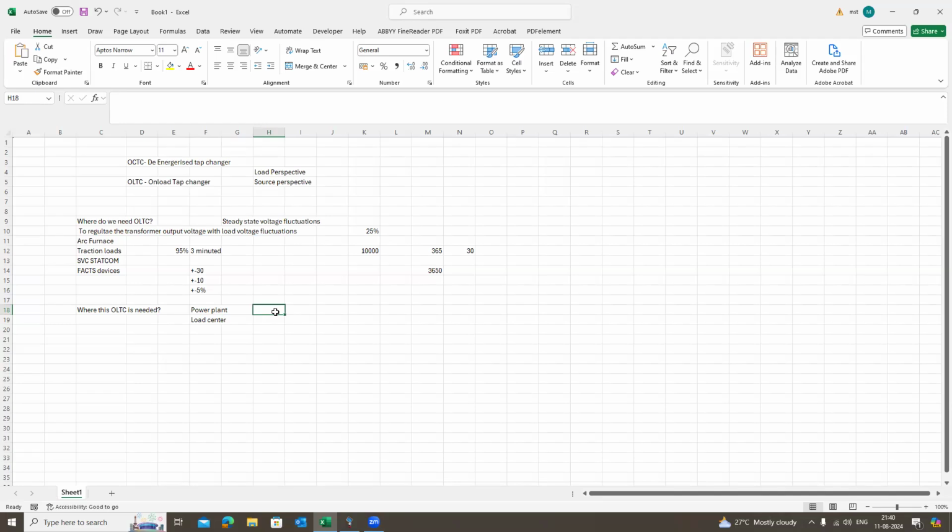In the power plant, you have a generator and a generator transformer, through which it is connected to the grid. So if you want to extract the maximum capability of the generator, then this OLTC or the OCTC is needed for the power plant applications.